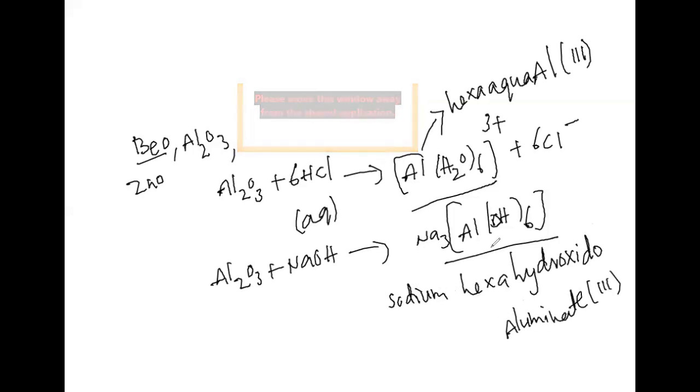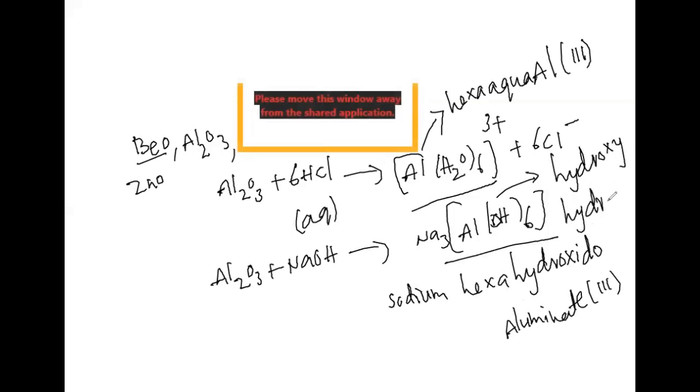Hexahydroxidoaluminate(III). See, this OH, generally we call this hydroxy, but in some books they give hydroxo, and in some books they give hydroxido. You can take either hydroxo or hydroxido; both are the same. Why am I taking this?